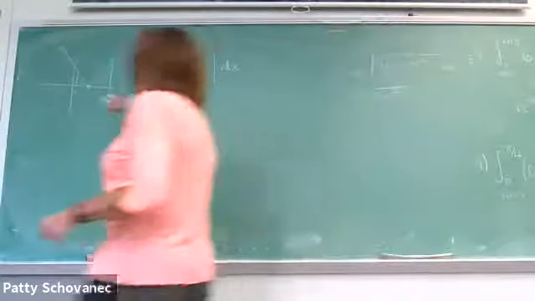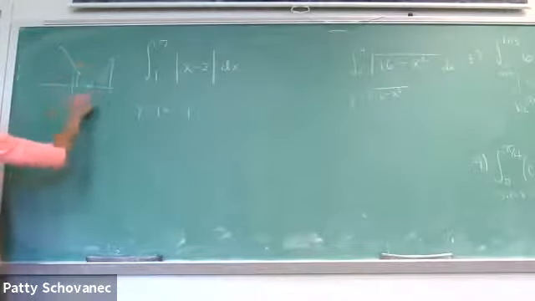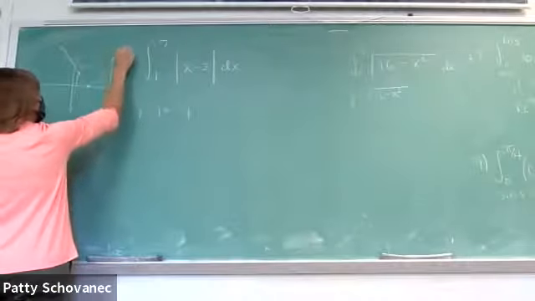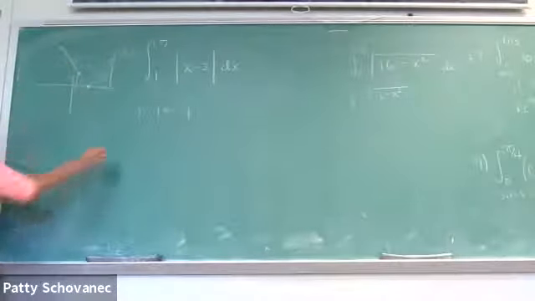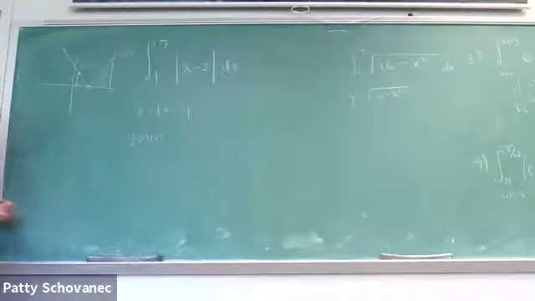So when x is 1, 1 minus 2 is -1, so this is (1, 1). Next is 7, 7 minus 2 is 5. So that's the ordered pair (7, 5). So this triangle has height 1, base 1, so it's 1/2 the product of the height and the base.